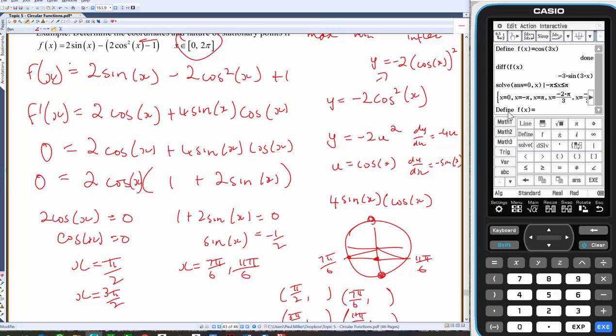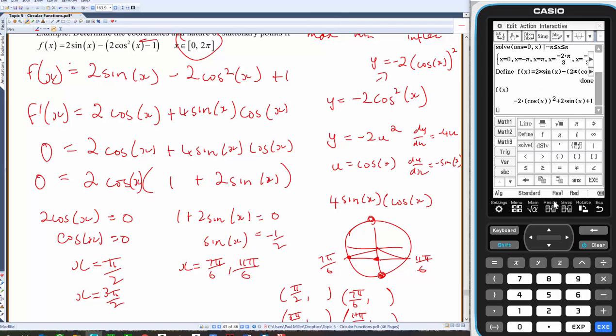Define f of x equals 2 times sine of x, take away 2 times cosine of x all squared, take 1. Okay, now let's just see whether it went in correctly. Cosine x all squared plus 1 negative, yeah, that looks good.